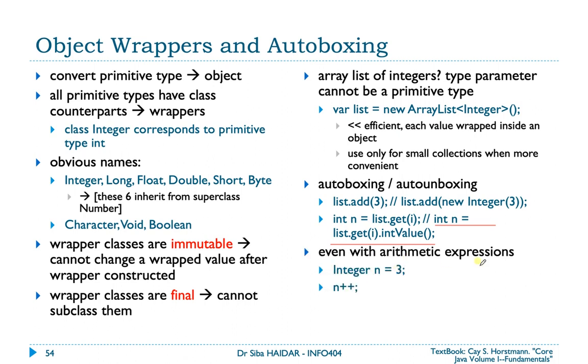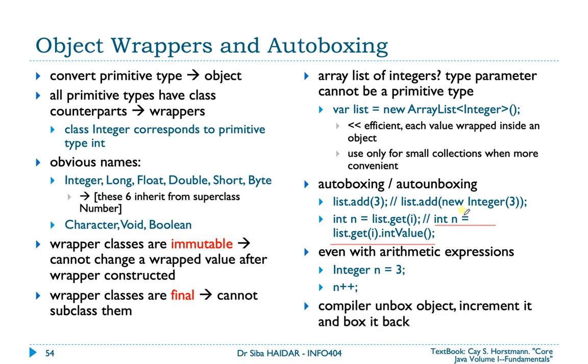Even with arithmetic expressions, when you write Integer n equals 3 and then n++, there is no ++ operator for the Integer type. So the compiler understands you need the int value and then you need to increment it, so it will do it for you. It will unbox, increment, and then box again.